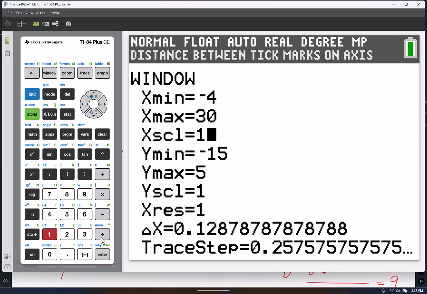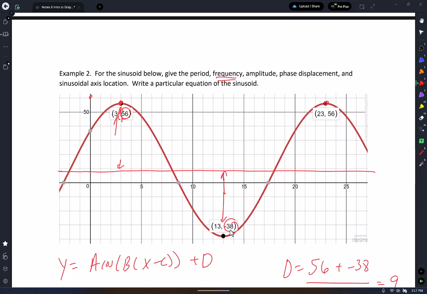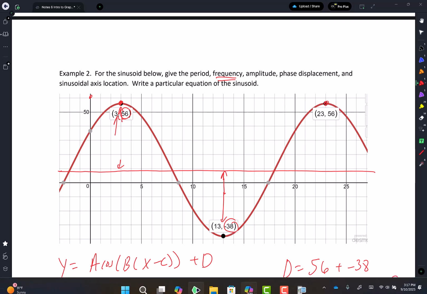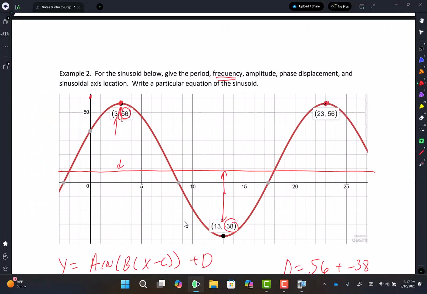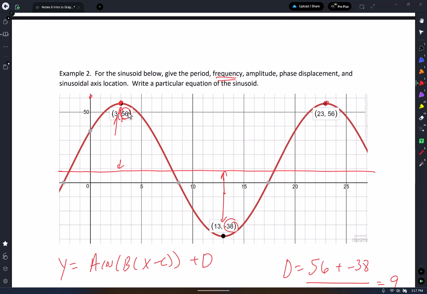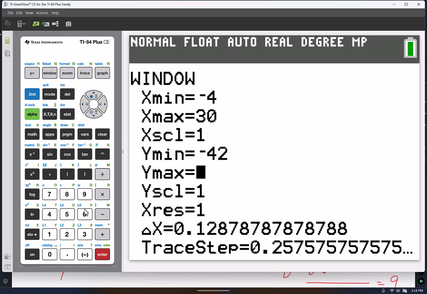X scale by 1, that's fine. Y min. What's the smallest y value? -38. So maybe go to -40 or -42, so you can see it. -42. Y max. What's the biggest y value? I go to 56. So maybe go to 60 or 61 or 62. 62. Y scale.